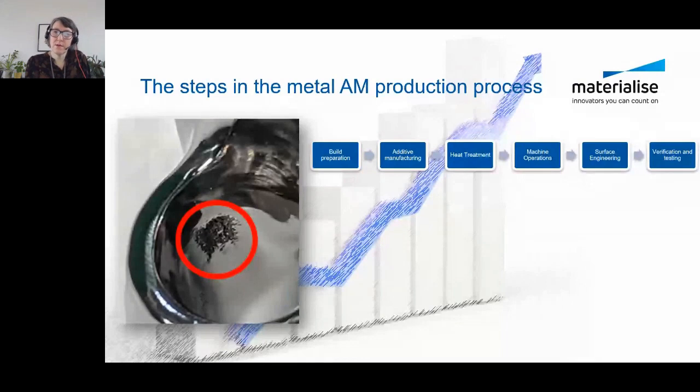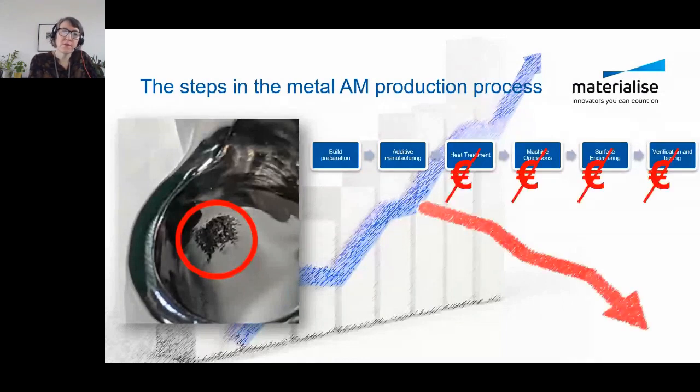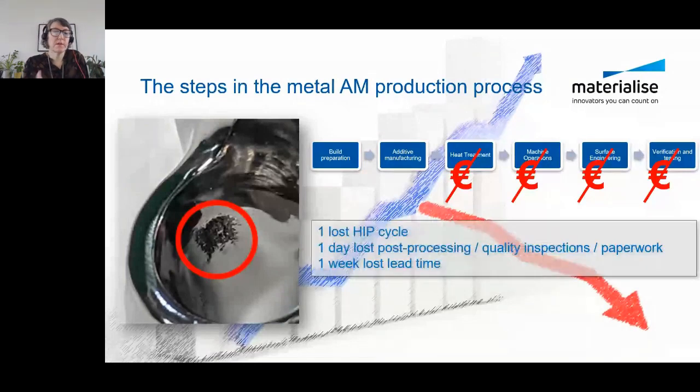And this is really all these steps after the printing that has been all money down the drain, because we lost here a build cycle, we lost a day on all this post-processing, quality inspections, all the paperwork.